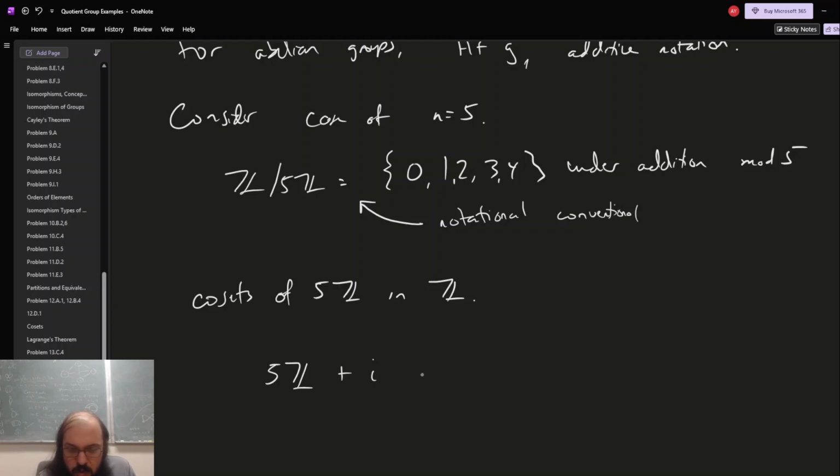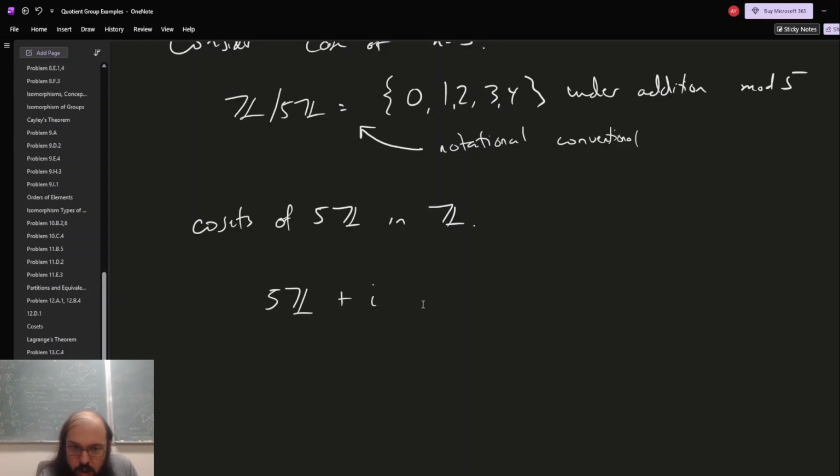And what are these? Well, I can be any integer we like, but we have an equivalence relation where 5Z plus I equals 5Z plus J exactly when I minus J is congruent to 0 mod 5.